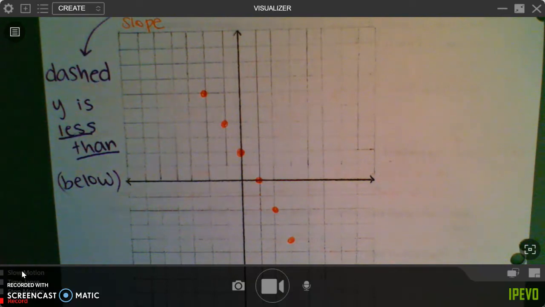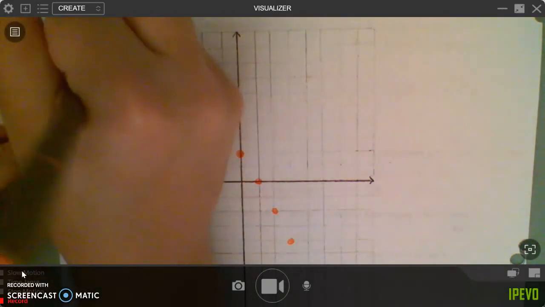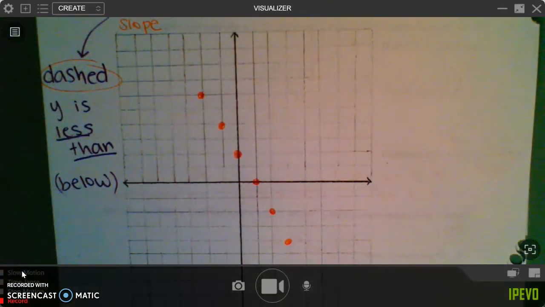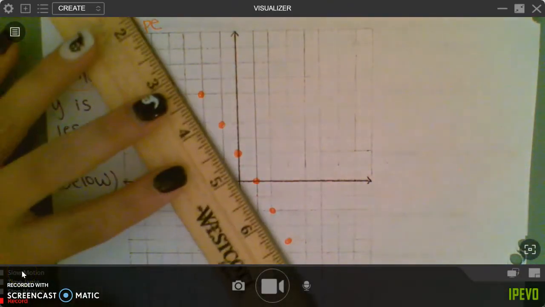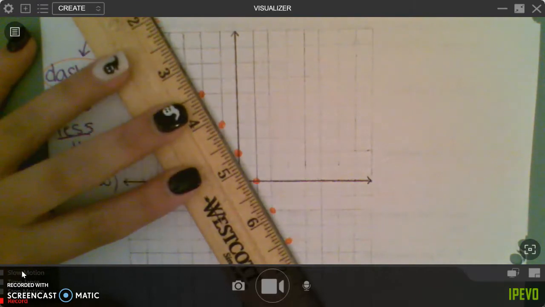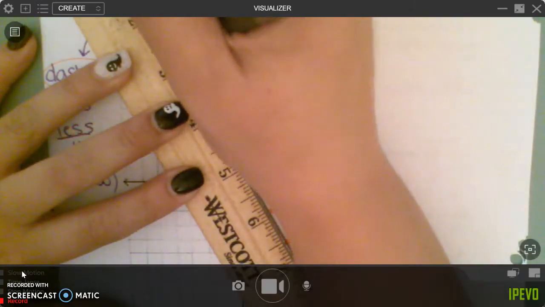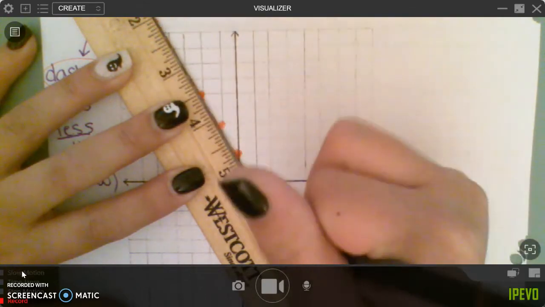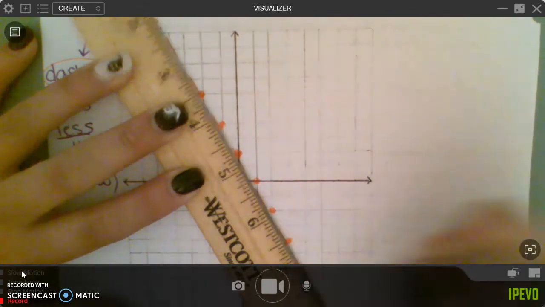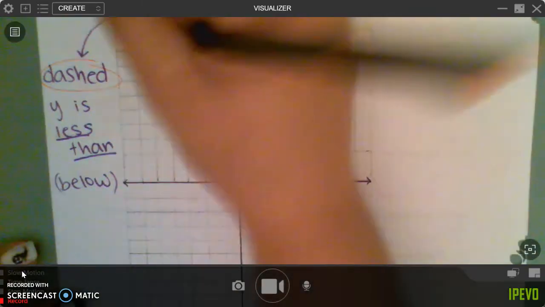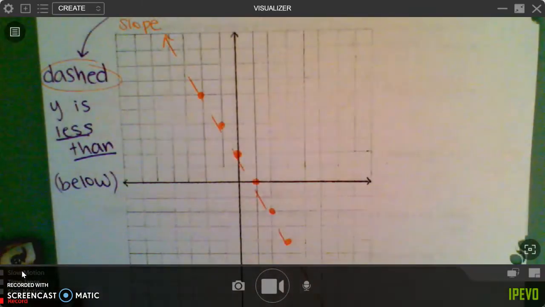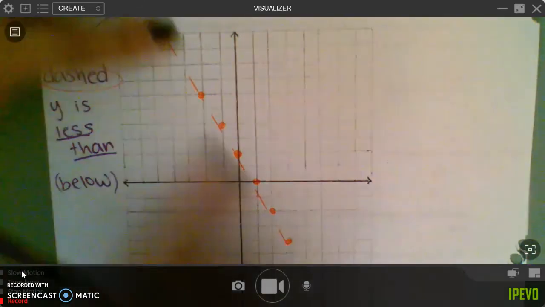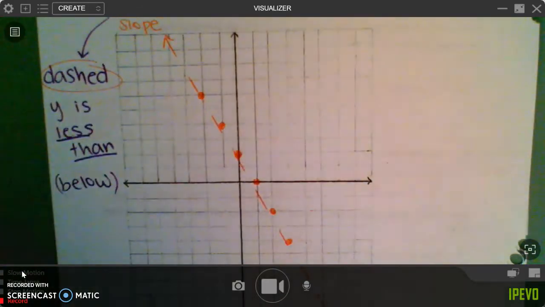But remember, when you connect the dots, we are doing dashed. Don't forget, we are dashing it. So I'm going to connect my dots, and when I do so, I'm going to make them dashed. And make sure you're going completely across the whole graph.